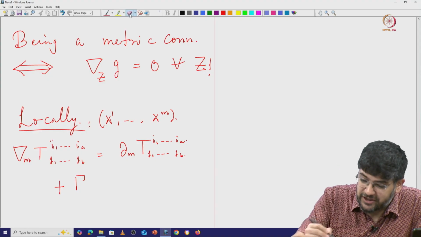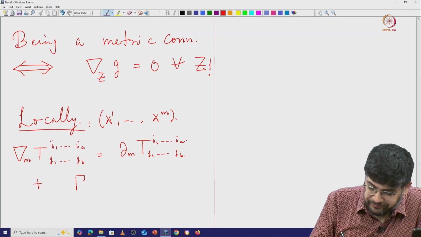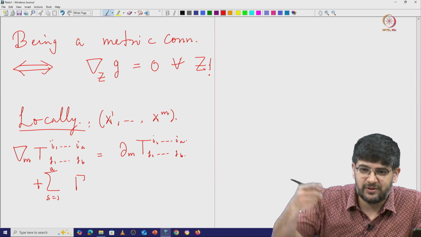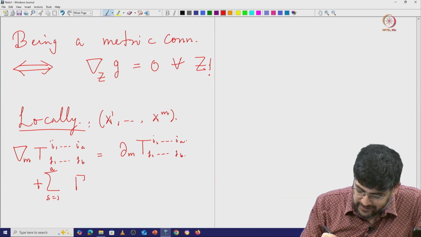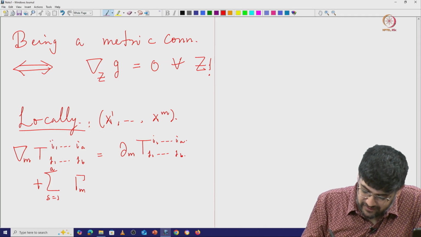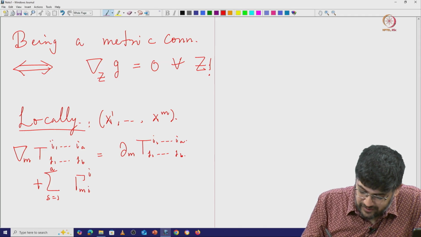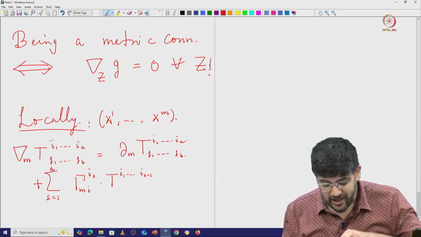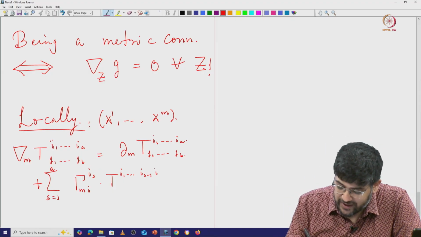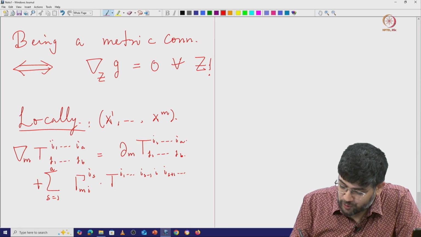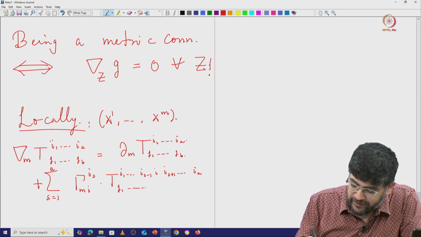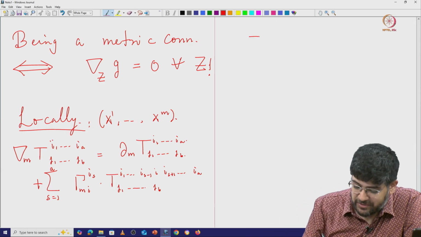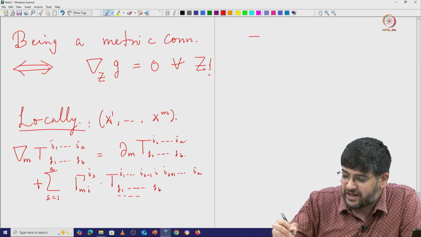So the connection terms will look like the following. S from 1 to A, where A is the contravariant order of the tensor, T with I1 up to IS minus 1, but IS you have already pulled out, so instead of that you have an IS plus 1 up to IA, and then the covariant parts of the tensor you keep untouched. But then you also have a correction term coming from the covariant parts of the tensor.